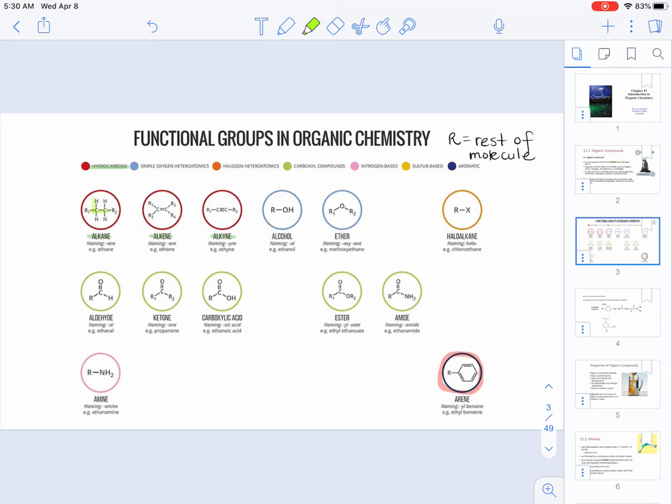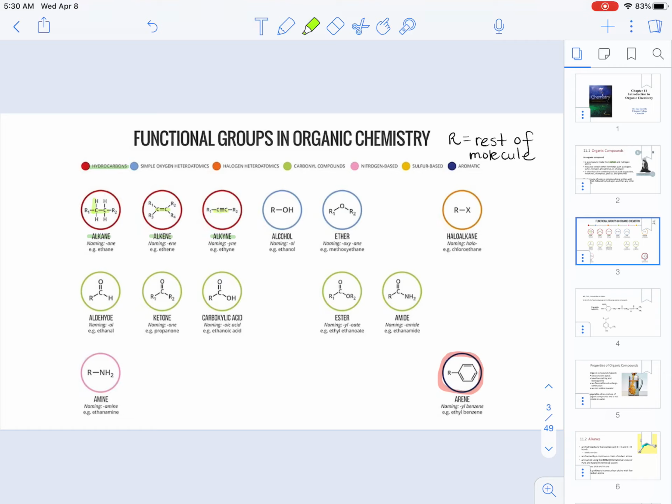In the case of an alkene, we're going to have one or more carbon-carbon double bonds. And the R groups in that alkene can be hydrogens, also in the alkane. When we have an alkyne, that compound needs to have at least one or more carbon-carbon triple bonds.